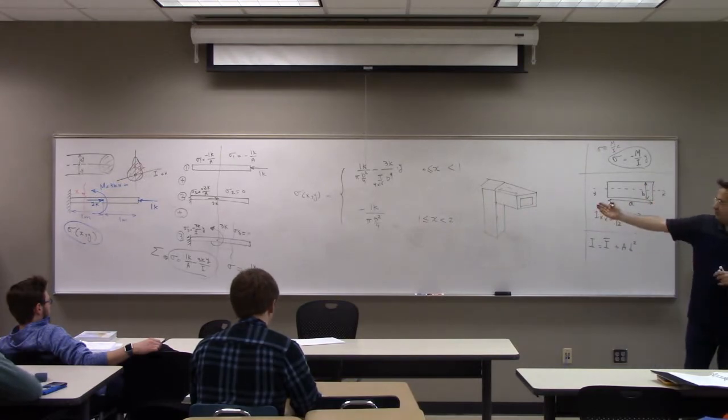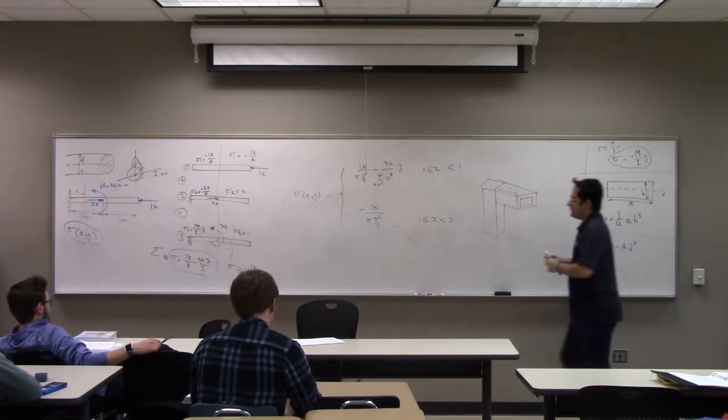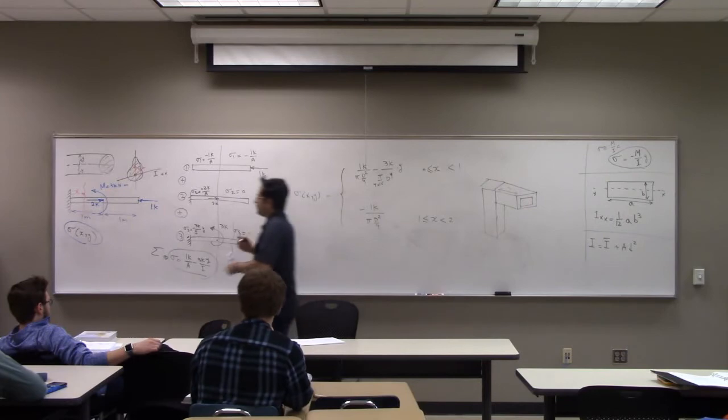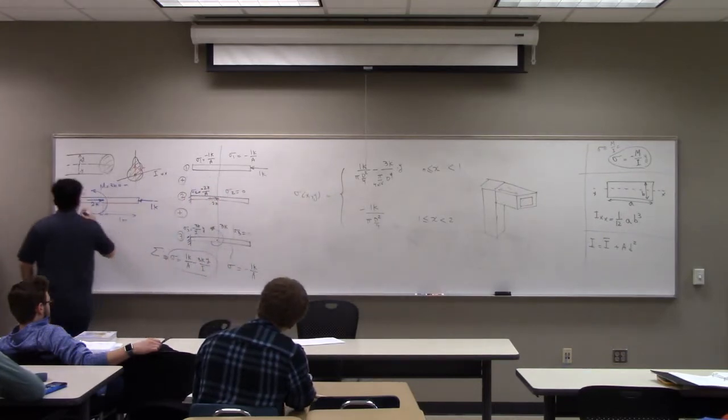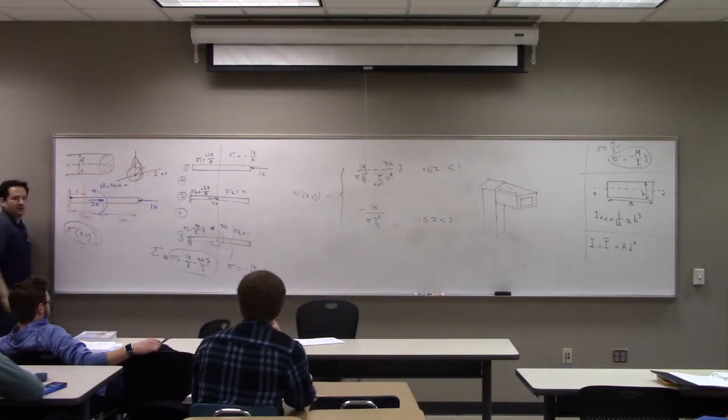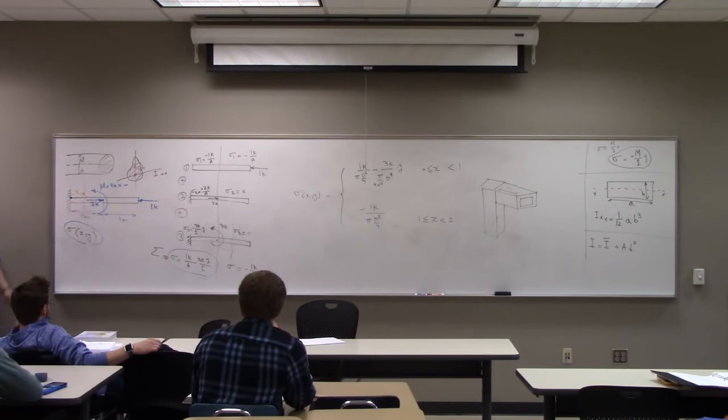We have the same thing for stress over the entire dome. So if I want to find the stress right here, what should I put for x and y in that formula?